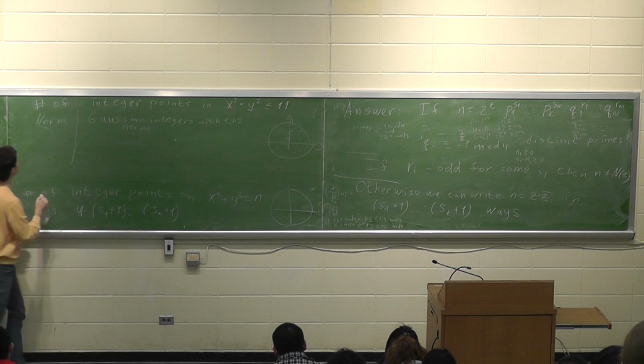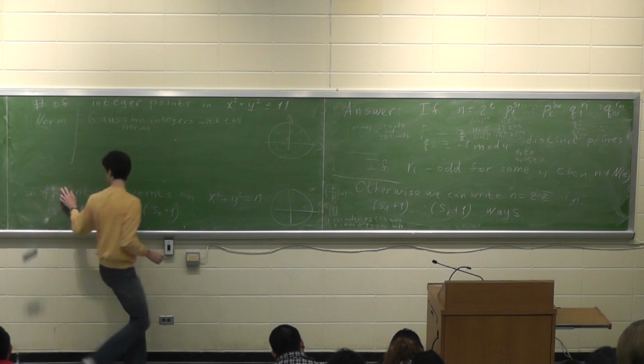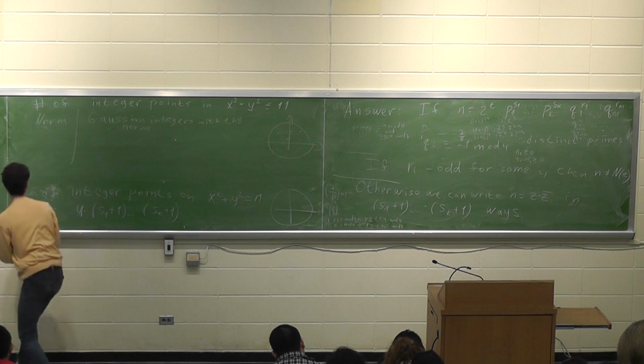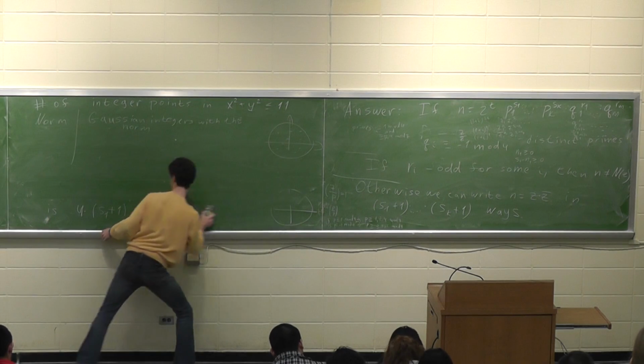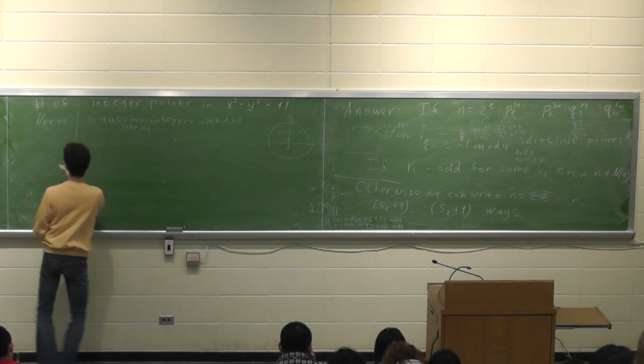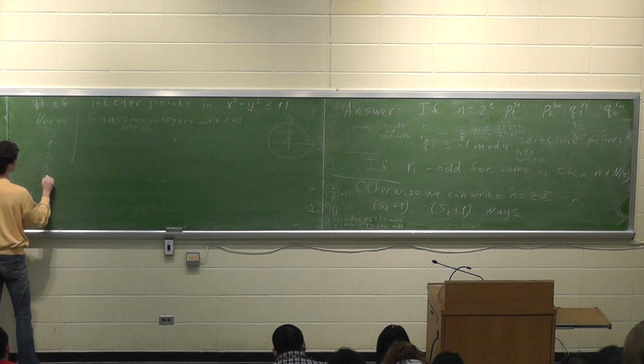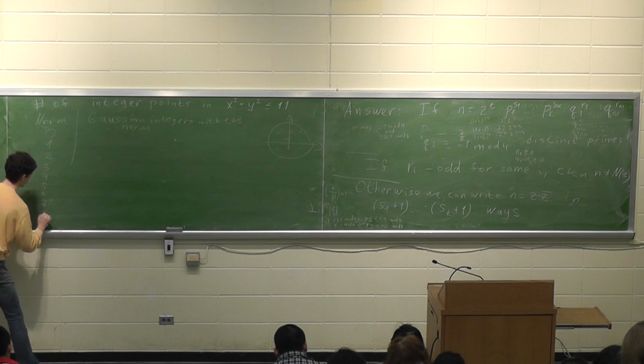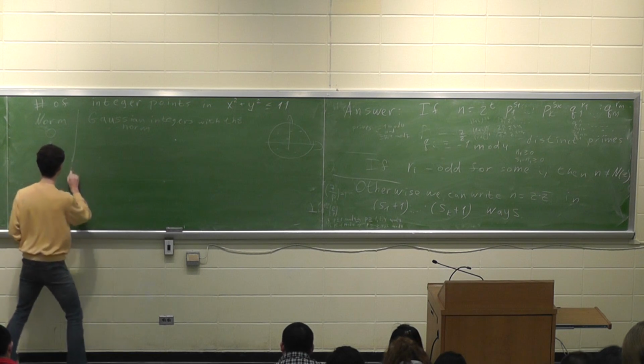Let me make such a table, and I'll just count how many Gaussian integers there are of norms 0, 1, 2, 3, 4, 5, 6, 7, 8, 9, 10, 11.